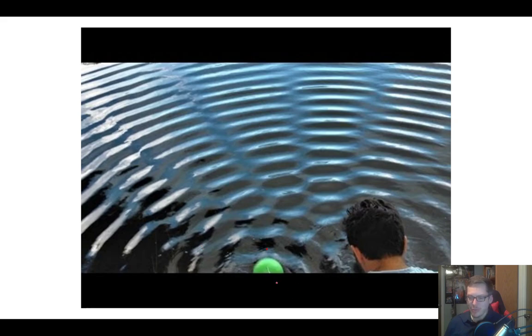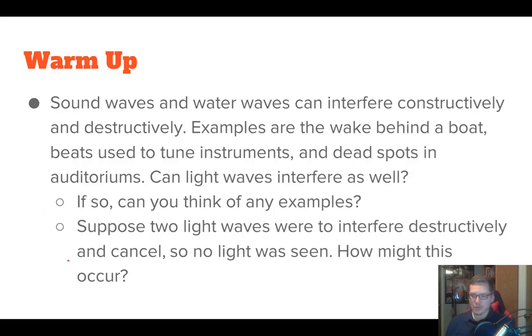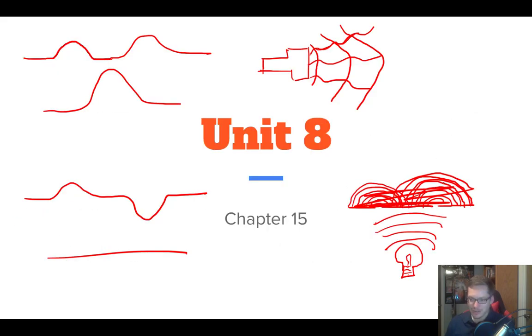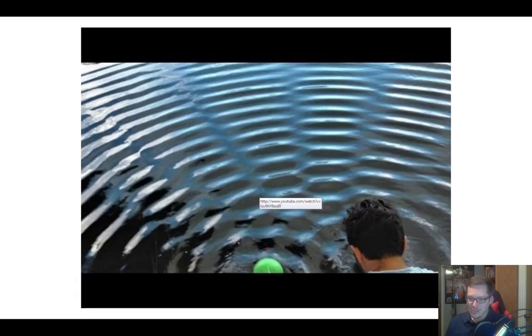What he's got here is two giant green tennis balls, and he's putting them in a lake and bouncing them up and down. When these balls go up and down, they create waves, just like they do coming through the thing I tried to draw a second ago. When they hit each other, you can see that we have constructive and destructive interference going on.